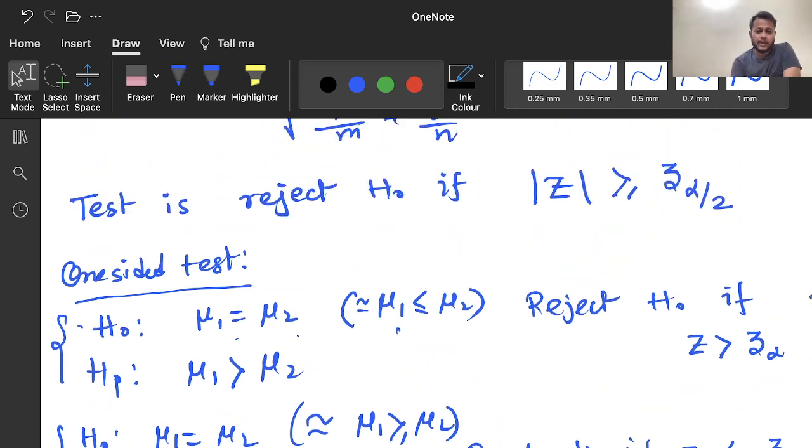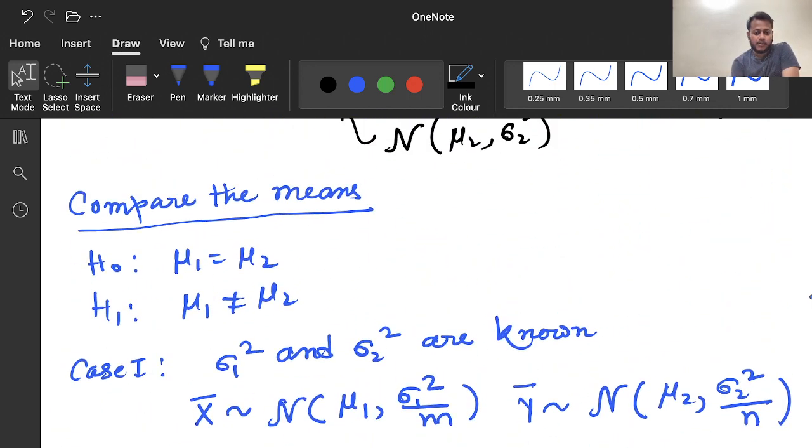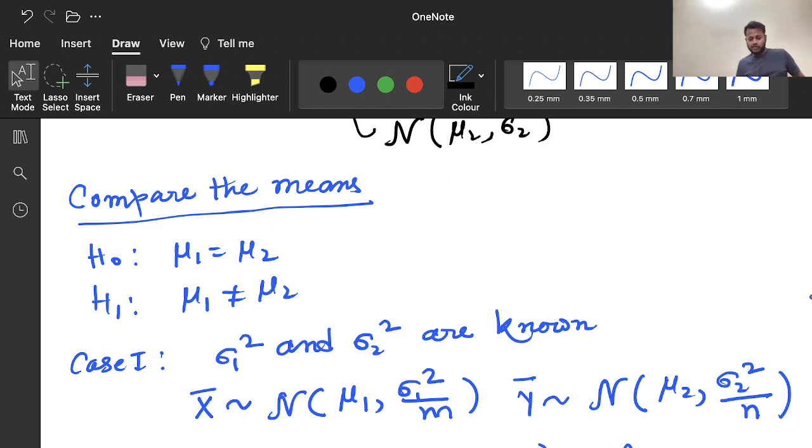So that's it. Now this is case 1, when sigma 1 square and sigma 2 square both are known.